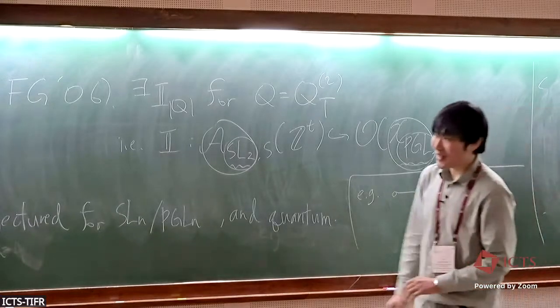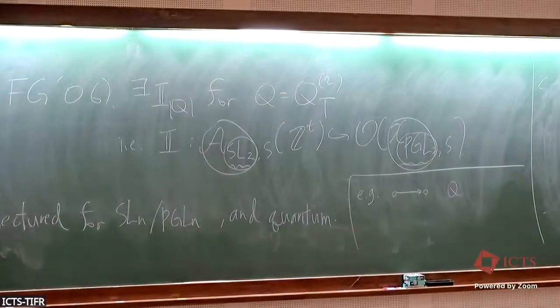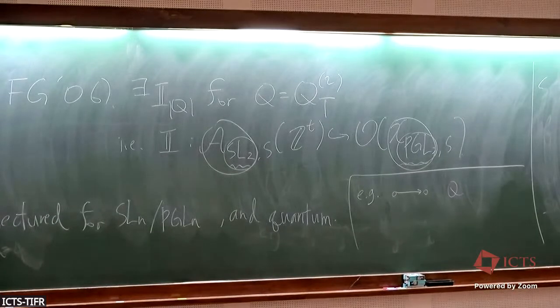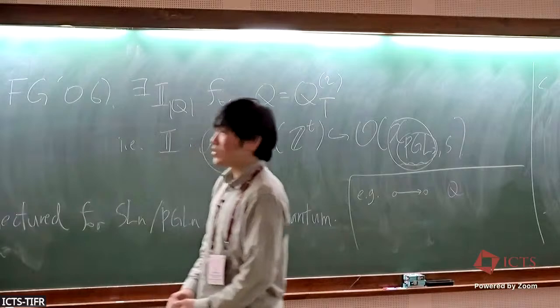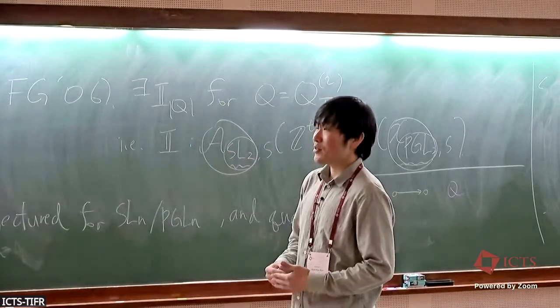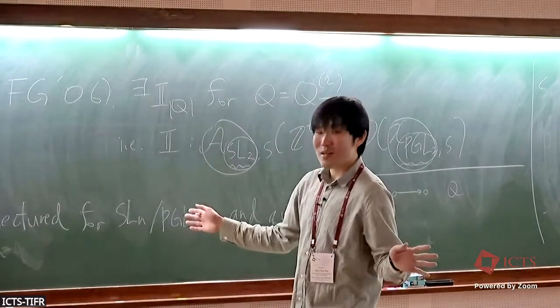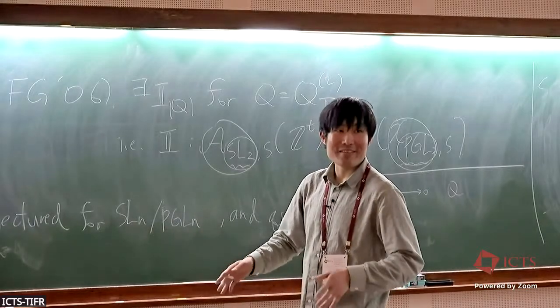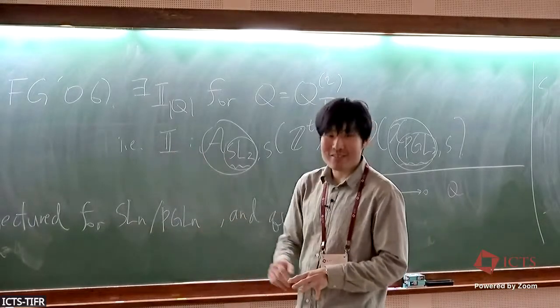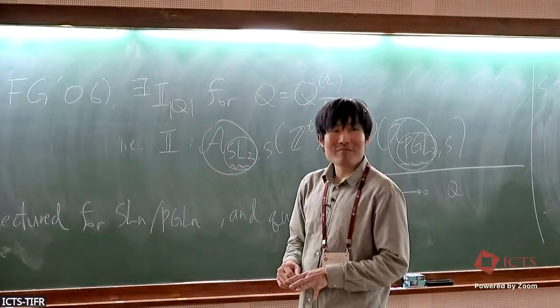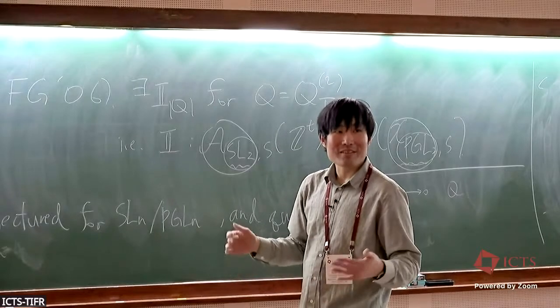Gross, Hacking, Keel and Kontsevich proved this for all the quivers satisfying a certain combinatorial condition, which is called the existence of a maximal green sequence or something. And then I heard from somebody that maybe considering cluster varieties for all possible quivers is not a good idea, and maybe only those quivers that appear in that theorem are the important ones.